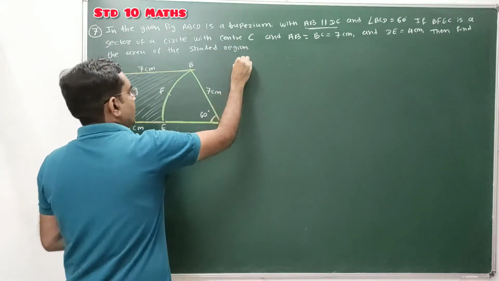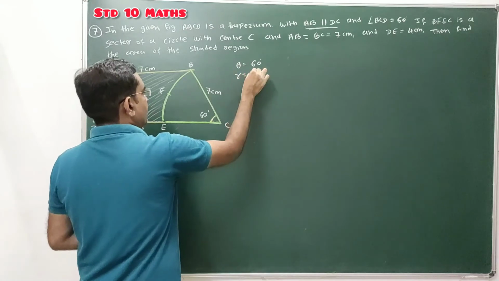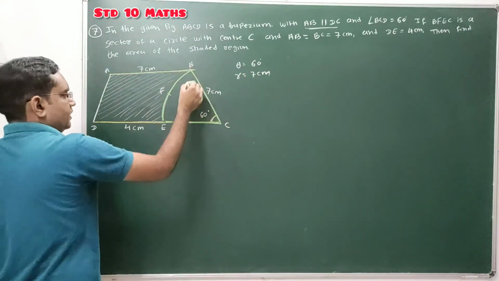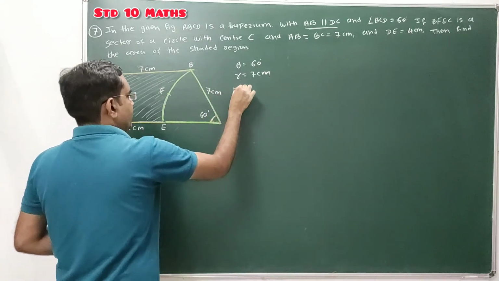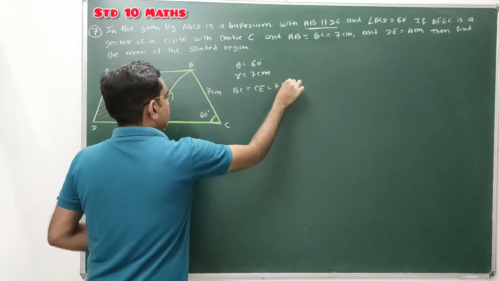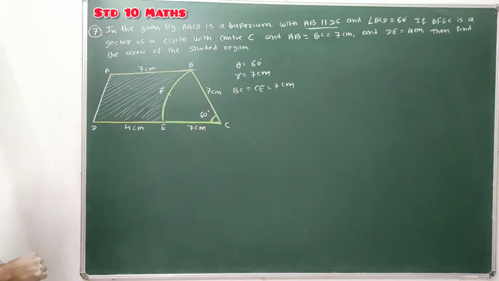So sector theta equal to 60 degree and radius r equal to 7 centimeter. So here BC equal to 7 centimeter and therefore BC is equal to CE. Both are equal, and they are equal to 7 centimeter. This will also be 7 centimeter.